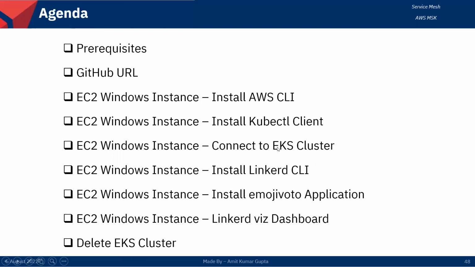After that, we will install Linkerd CLI, then the emojivoto application. After this application, we will open the Linkerd dashboard, and after that, we will delete the resources.